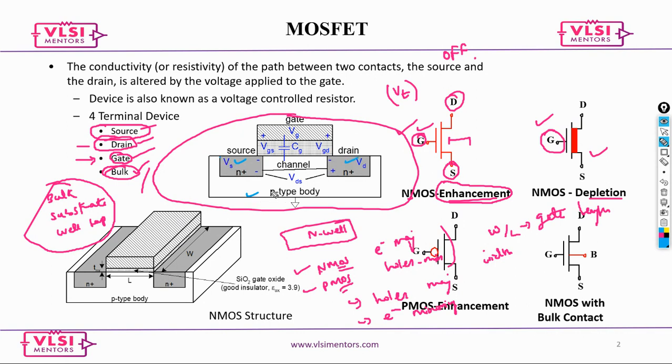So this is the P-type substrate or P-type body. Now, this is going to be N-type, and this is also N-type. And when you say N-type, this basically forms an NMOS. Now, the distance between these two, on top of this is what we call the gate. Okay.